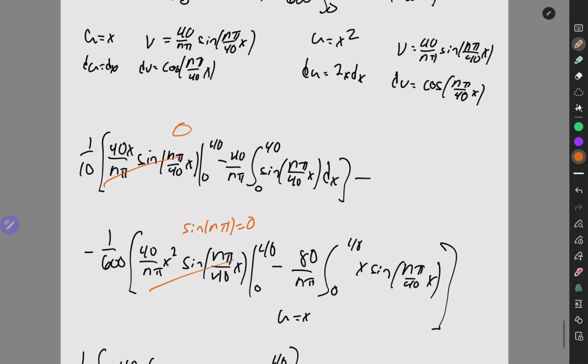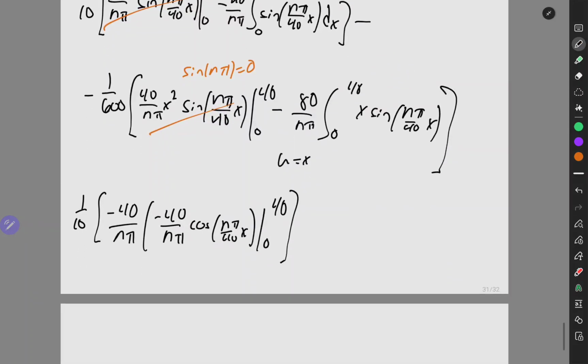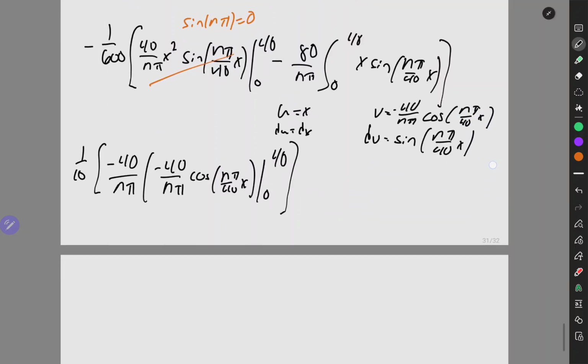You get what I mean. Cosine, right? That'd be negative. Cosine n pi over 40 x.